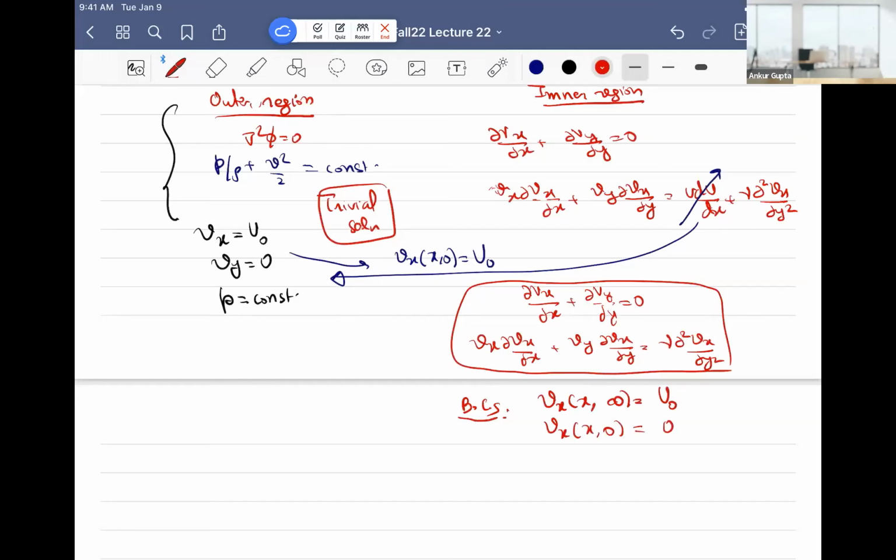And this no slip condition was what was causing all the pain, right? If you could just do it in the outer solution, you wouldn't be doing all this. So it is very important that you have the no slip condition, and then you also have the no penetration condition. So these are the boundary conditions that you need while solving these equations.